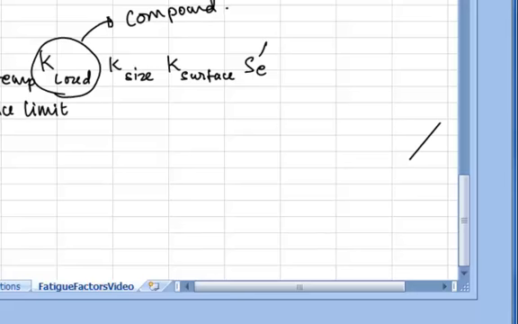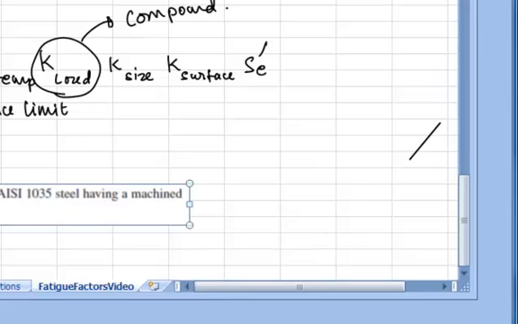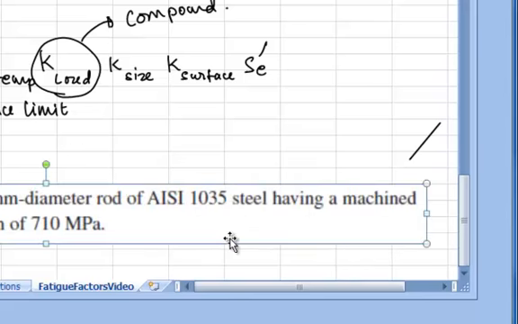So I'm going to close this up if I can. And here is the example problem. This is actually directly from the book. It says, estimate the endurance limit of a 32 mm diameter rod of AISI 1035 steel having a machined finish and heat treated to a tensile strength of 710 megapascals. So that's our target.